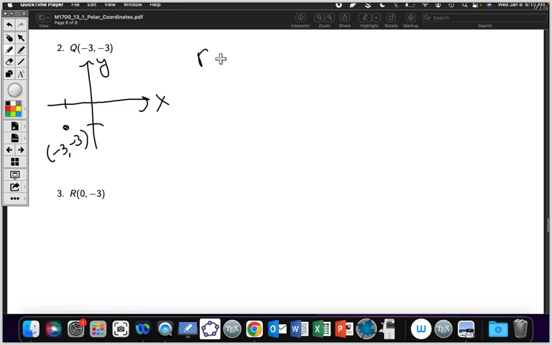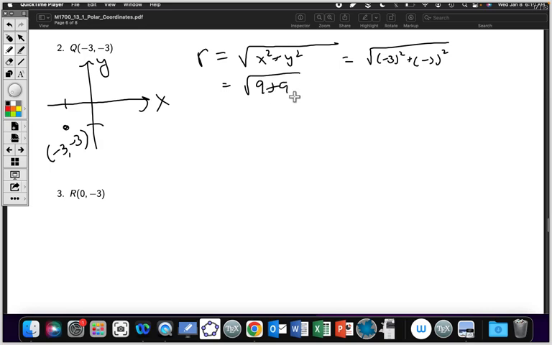So to get my r, I'll take the square root of x squared plus y squared. Square root of negative 3 squared plus negative 3 squared. Square root of 9 plus 9, which is the square root of 18, which we can see is 9 times 2.